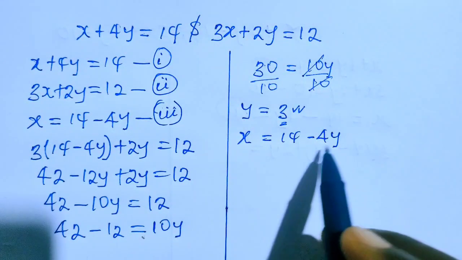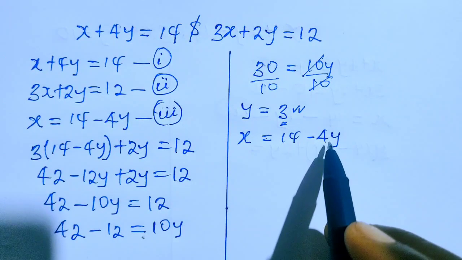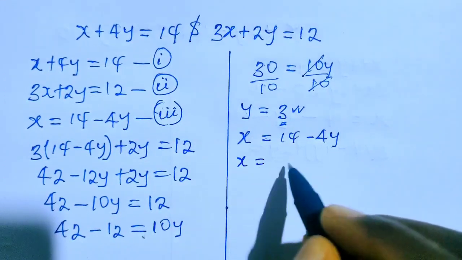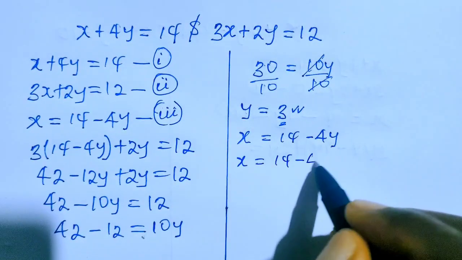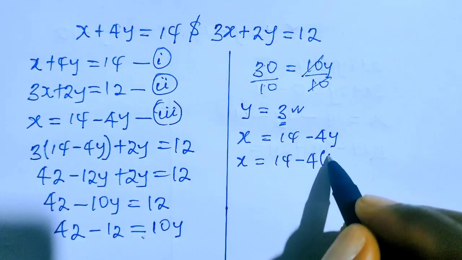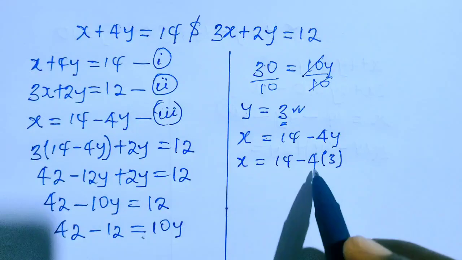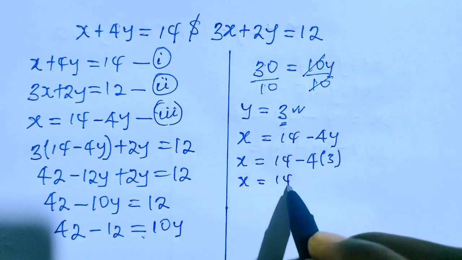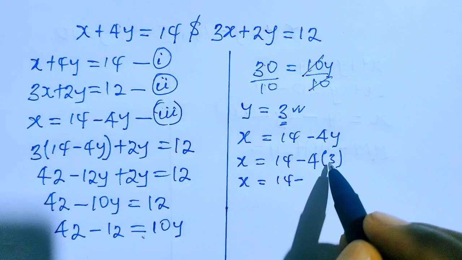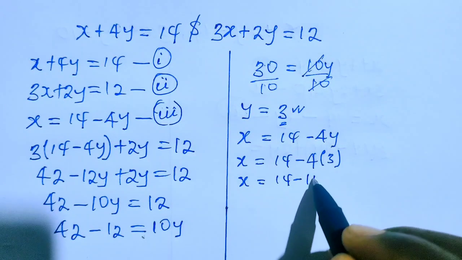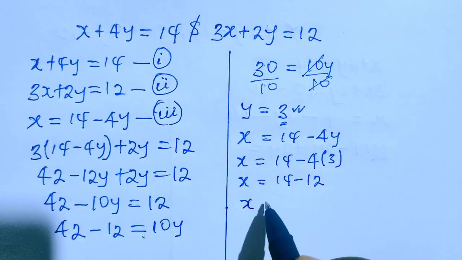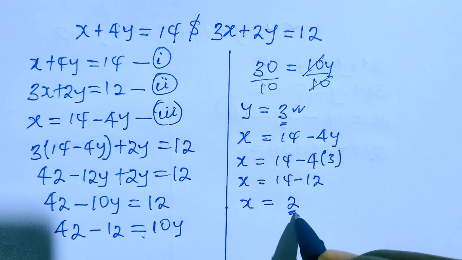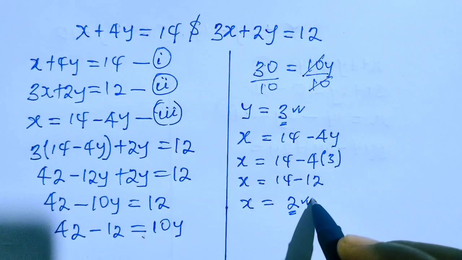At this point, wherever you see y, we are going to substitute the value 3, and x equals 14 minus 4 into 3. Now, we multiply this out, we have that x equals 14 minus 4 times 3, that will give us 12. Therefore, x equals 14 minus 12, that will give us 2. And this is the value of x.